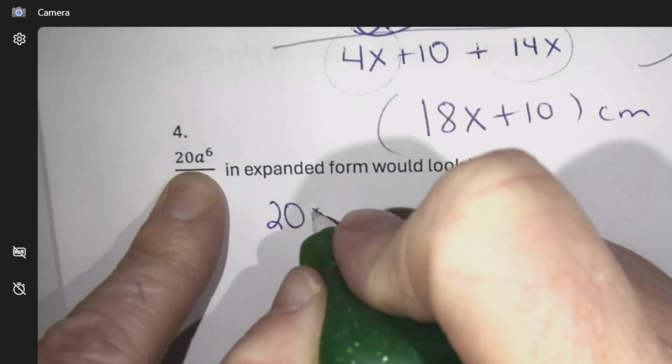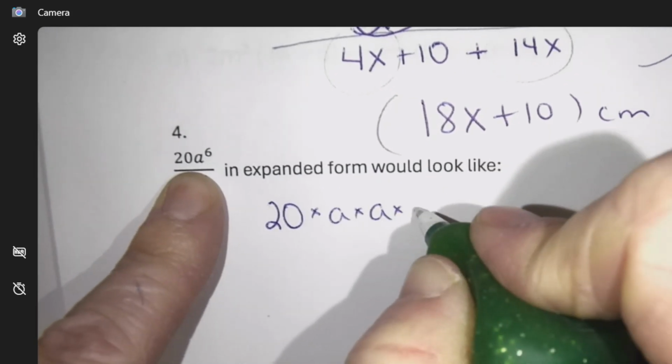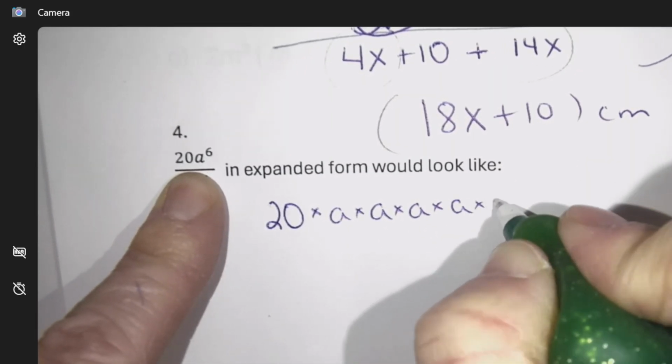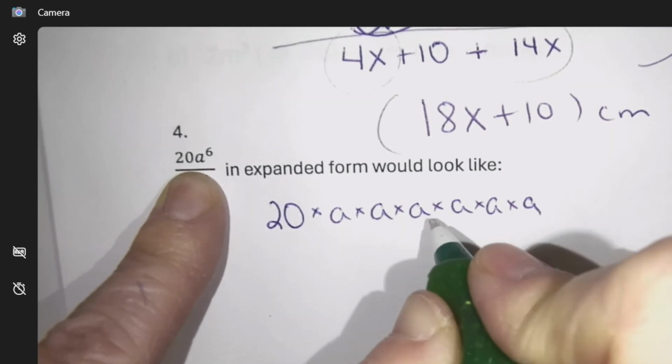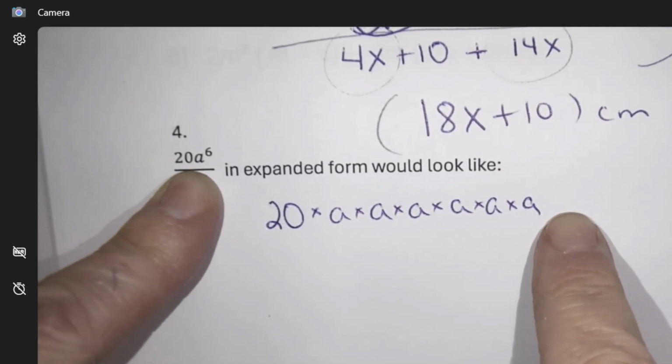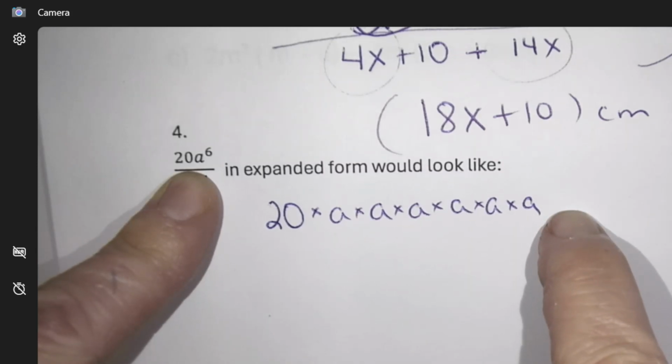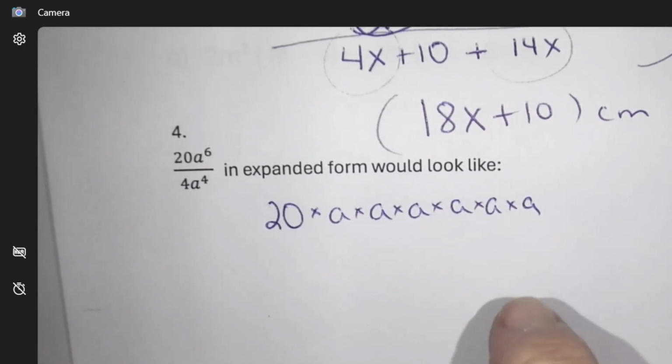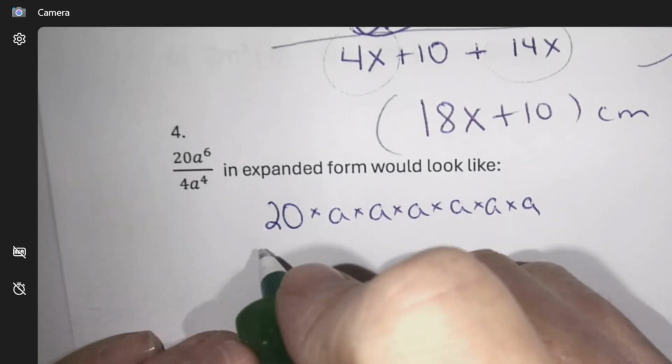Multiplied. Does this make sense? This is 20A6. That's what it looks like, because it's A. There were 6 repetitions of it.